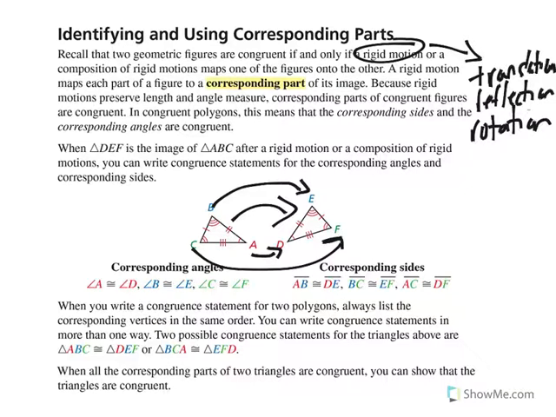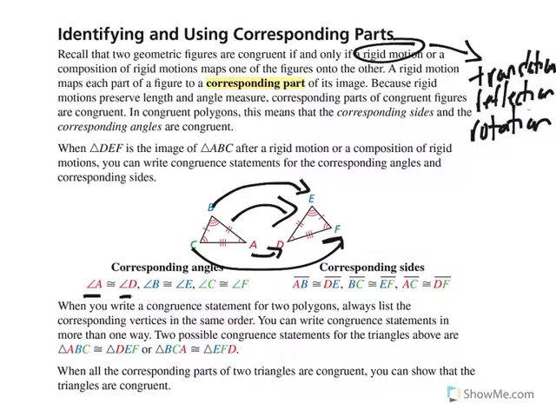So our angles, specifically, angle A is congruent with angle D, angle B congruent with angle E, so on and so forth. But then also our sides. And so you can see here the angle measures have been marked, the sides have been marked because they are still congruent. They are corresponding parts of those triangles, and since that triangle is exactly the same size, the same shape, then those corresponding parts are going to be congruent with each other.